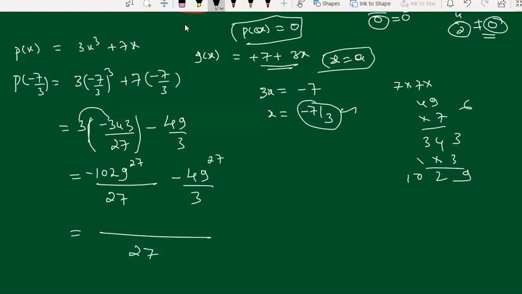Okay. Here, 27 1s are 27, 3 1s, 3 9s are 27. So minus 1029 into 1, that is minus 1029. 49 9s, so that you have to calculate. 9 9s are 81, 9 4s are 36. Right? Plus 8 if you add here, how much are you going to get?